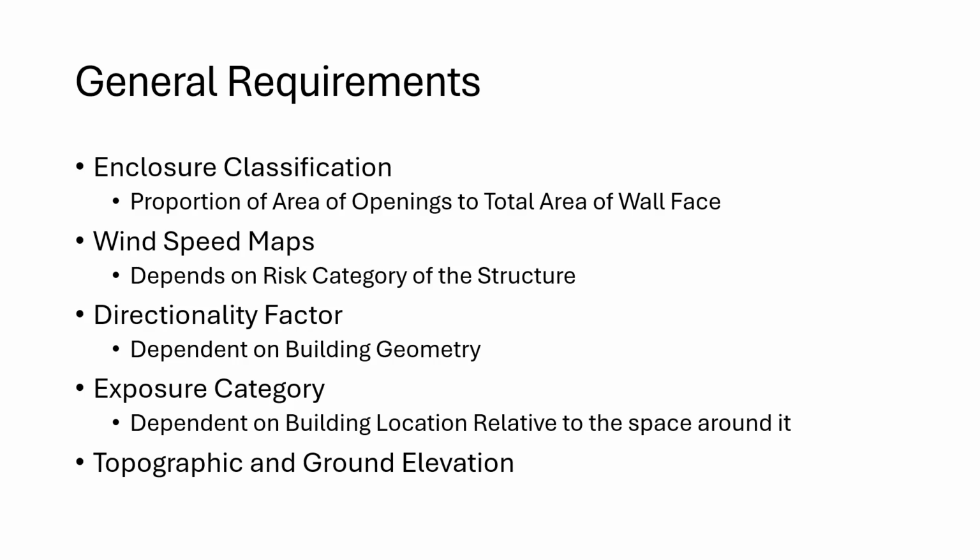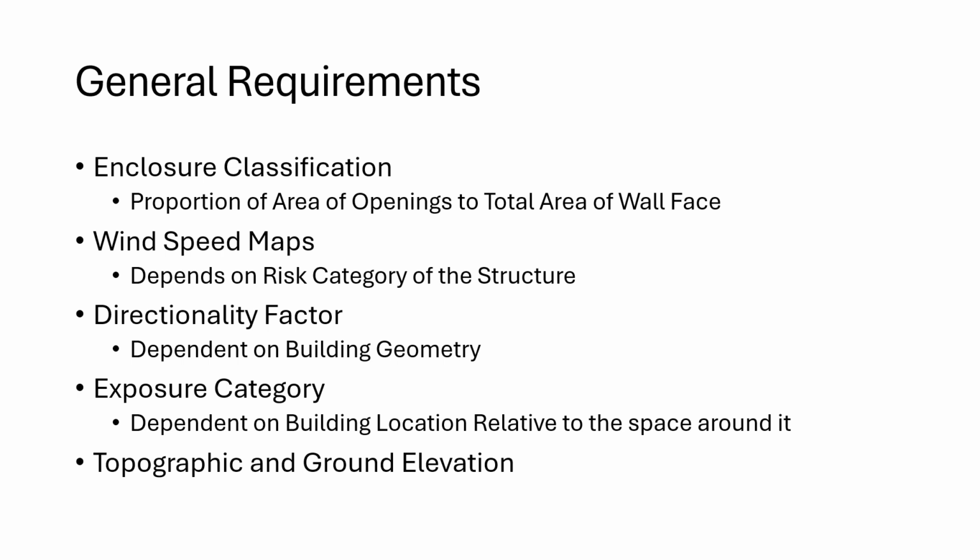So for the general requirements, the enclosure classification is important. This is defined in Chapter 26, and it's a proportion of area of openings to the total area of wall face. An example of this would be if you have a wall that is mostly windows or mostly doors, what have you, that is going to be classified as a partially open or open enclosure.